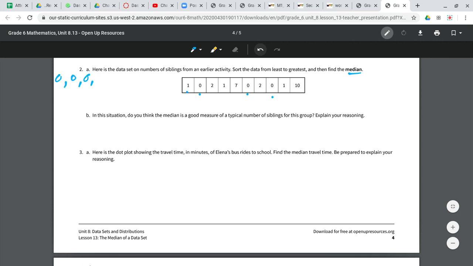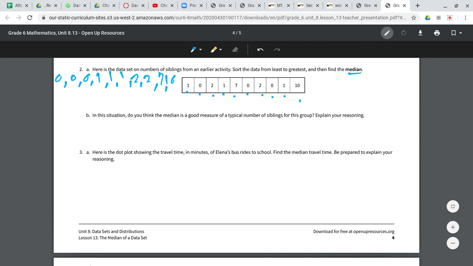Then we have 3 ones. Then we have 2 twos. Then we have our 7. And then we have 10. All right, so there is our data from least to greatest.